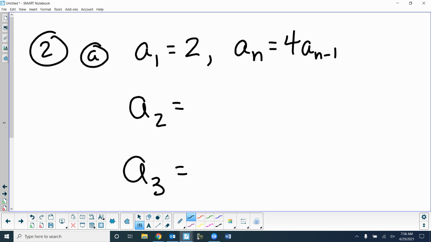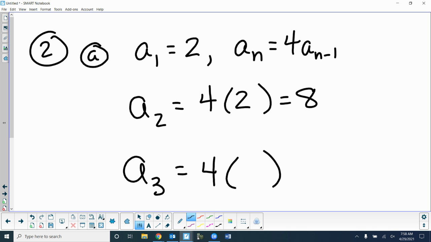So 4 is in both of these. And then it's times the previous term. Well, the previous term for the second term would have been the first term, which was what number? 2. So I put a 2 in that spot. I get the 8. The previous term for the third term is the second term.